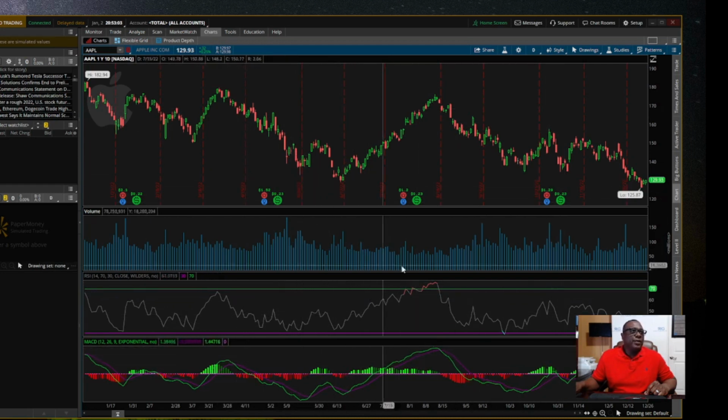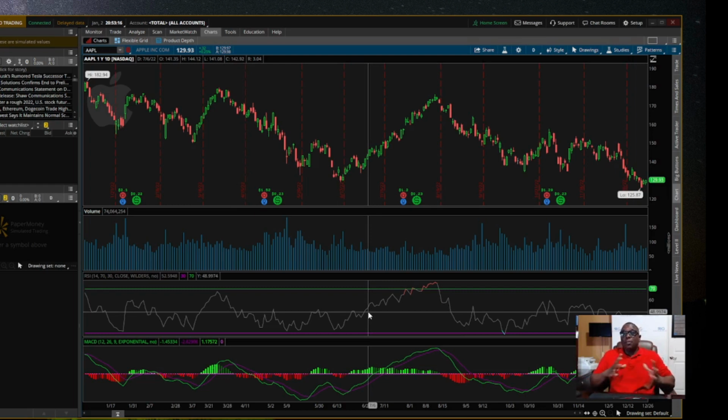And my favorite technical analysis tool here is what we call the RSI, and that is the relative strength index. It's a momentum indicator that measures the strength of a security, which is a stock, same thing.